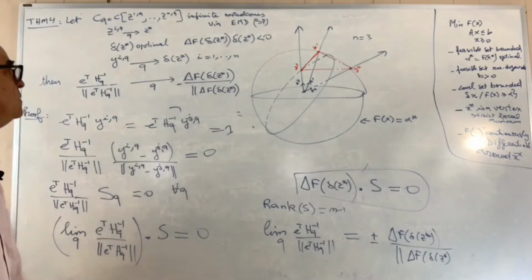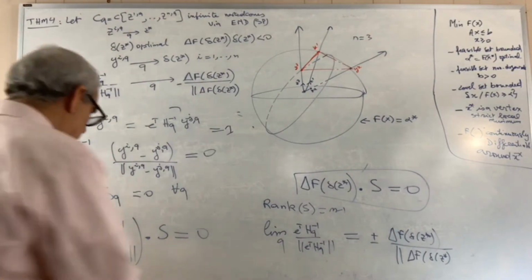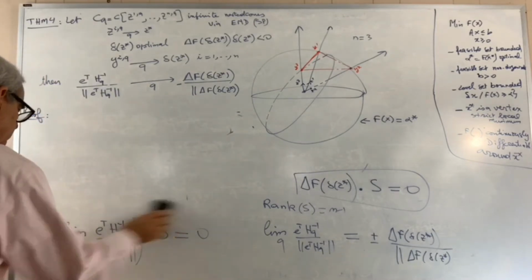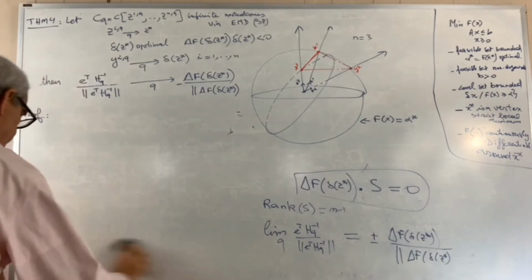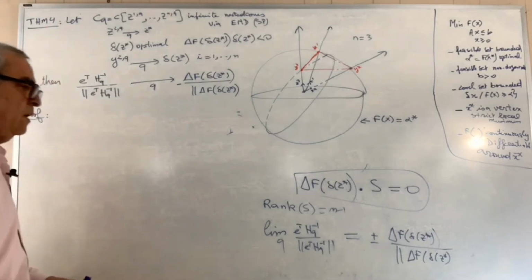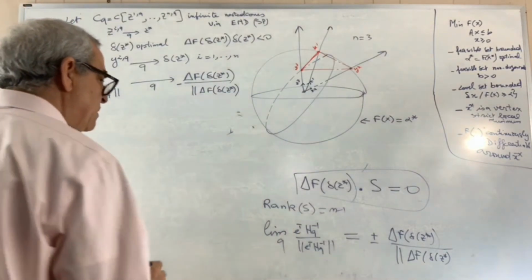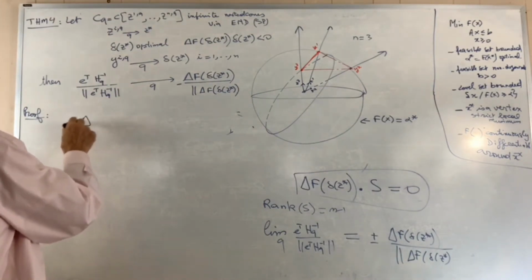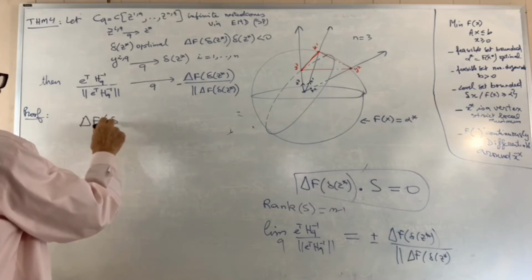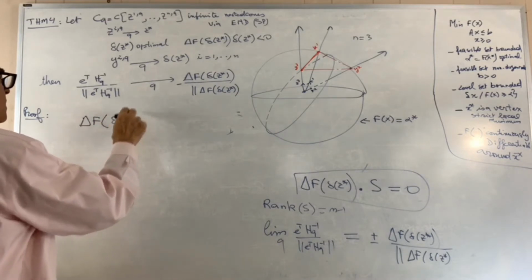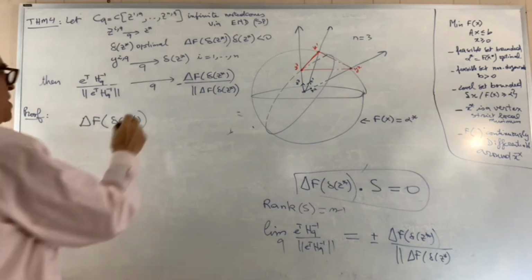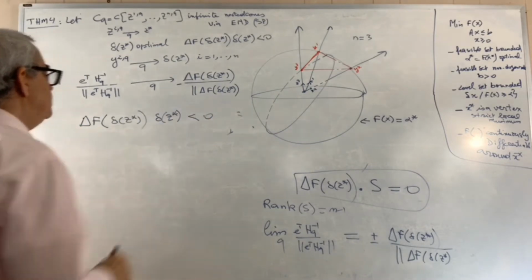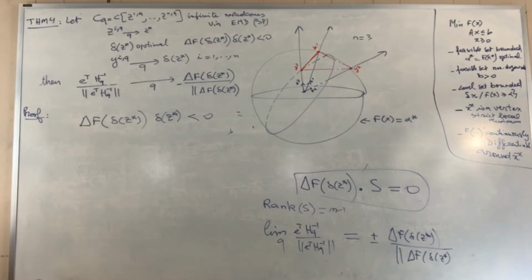And now, why is it minus? Because the gradient of f at z star times z star is negative, we know that.